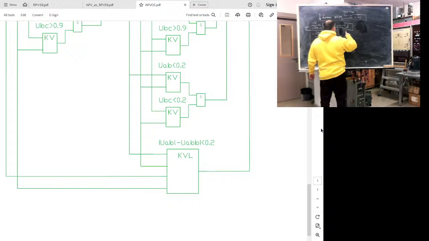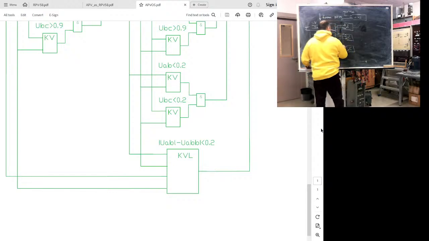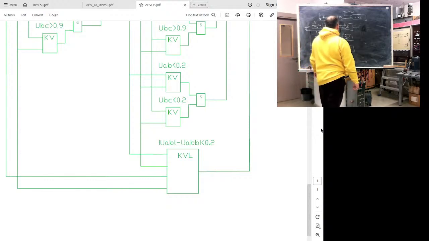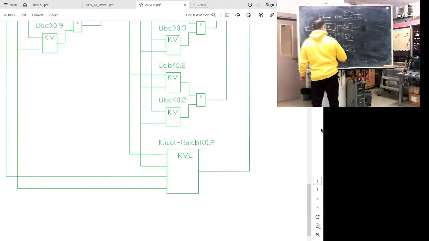It will go only if not. This is kind of, sorry, I don't need this. Kind 2 from 3 selector. These things allow us to operate in single phase mode only.